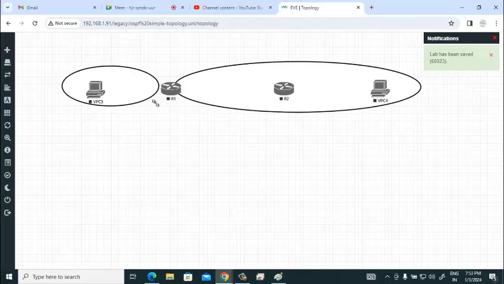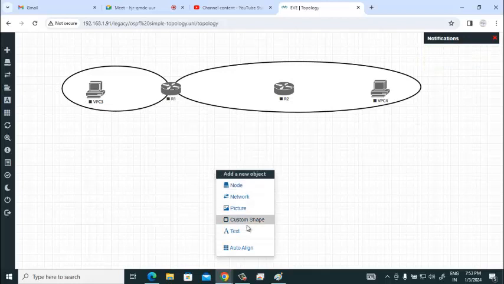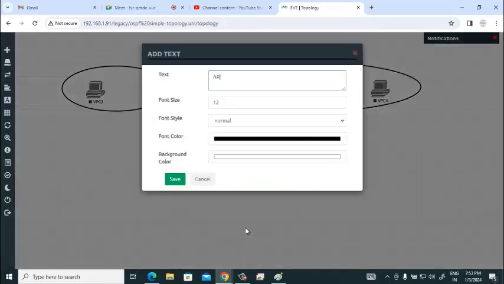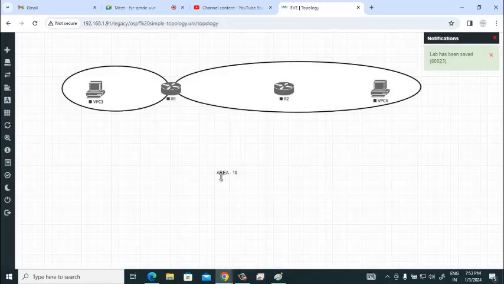Now this will be called area 10 on the left. And without area 0, we'll check whether we are able to ping between these computers. Now this is going to be area 20. Yes, there is no area 0. So let's set area 30.